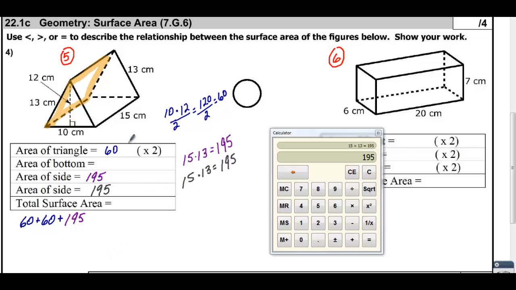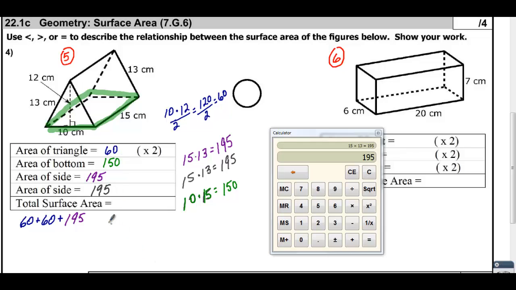All right, finally, I've got the bottom of my triangle. And I have the bottom of my prism, I should say, and that distance is 10 by 15. So 10 times 15, and that is 150.